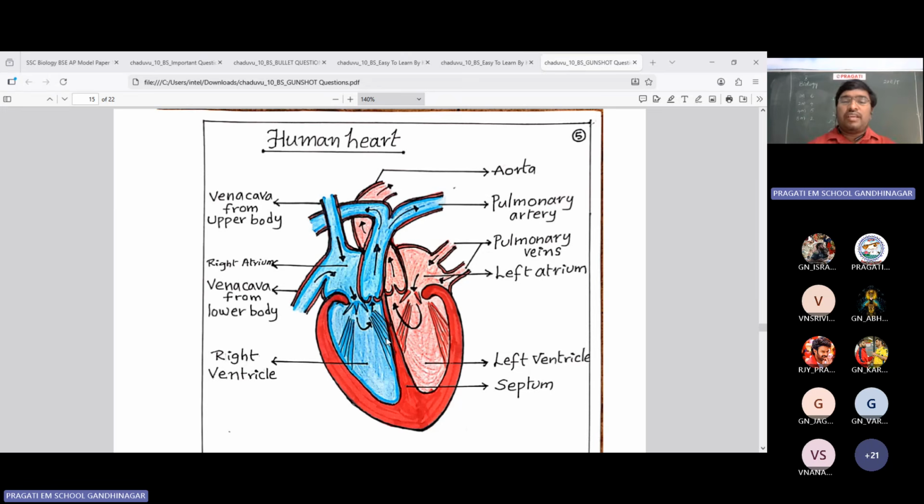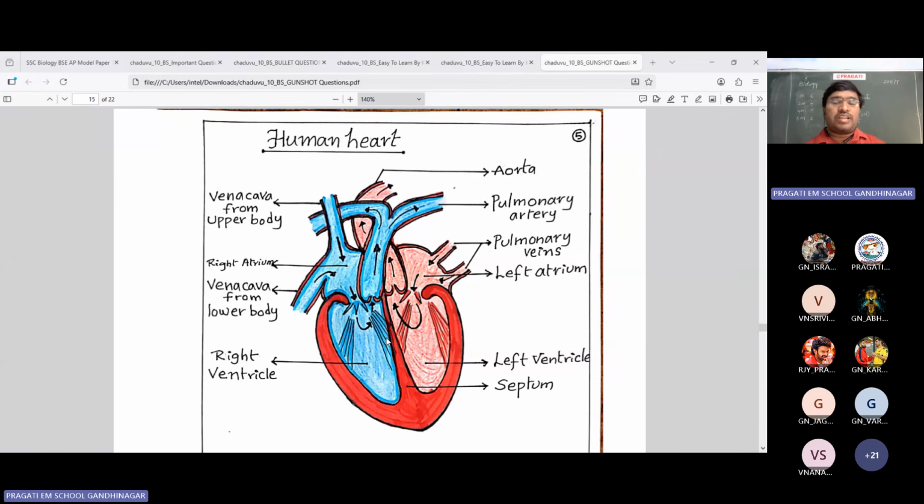Instead of right or left, don't get confused. Right side deoxygenated, left side oxygenated. Okay, based on that, you should label the parts. Okay, children. See, aorta, pulmonary artery, pulmonary veins, left atrium, left ventricle.